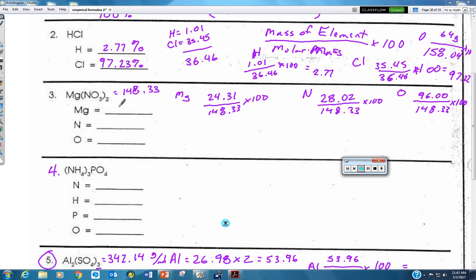For magnesium, we should get 16.39%. For nitrogen, we come up with 18.89%. And for oxygen, we come up with 64.72%.